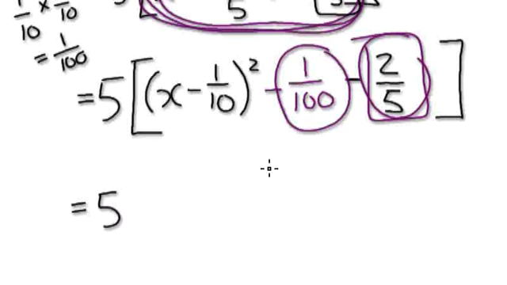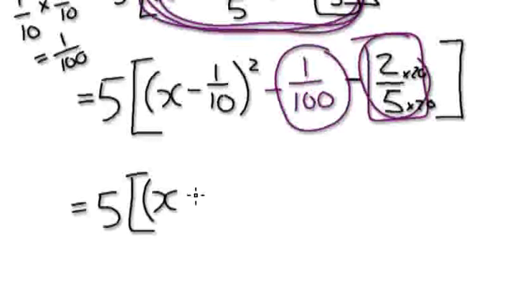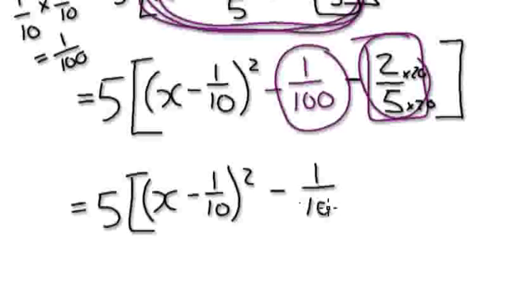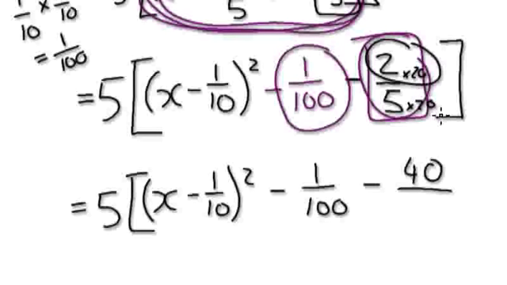So this will be 5. Well, let's times top and bottom here by 20. Because in order to add fractions, we need to get the 2 denominators to be the same. So times top and bottom by 20. So it would be this. Minus 1 over 10 squared, and then minus, well, 2 times 20 will be 40 over 5 times 20 will be 100.